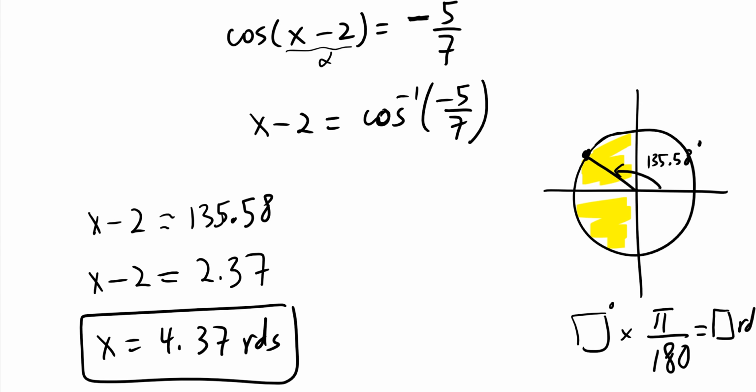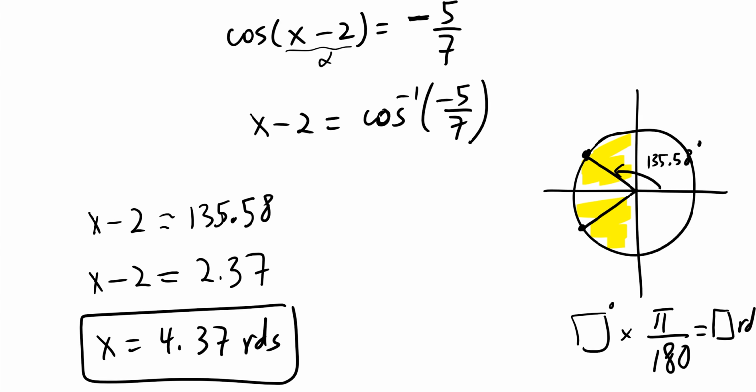Now I need another angle. How do I find the other angle? The other angle is going to be somewhere here, by symmetry. The way to do this is to go back and find cosine inverse of negative 5 over 7, exactly what I did earlier, and remember, it gave me 135.58 something.